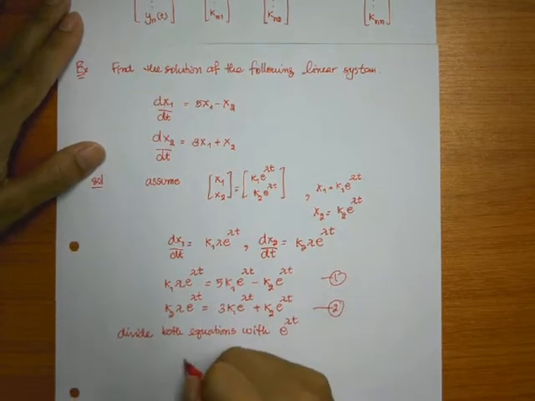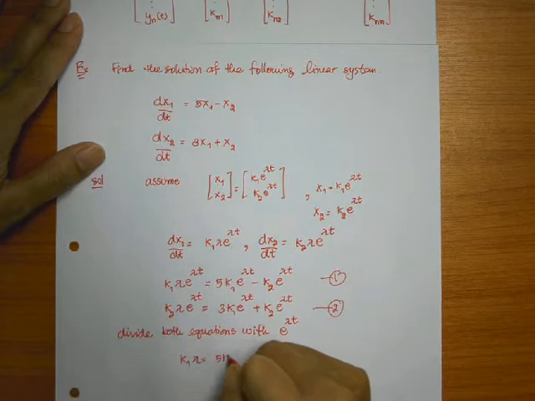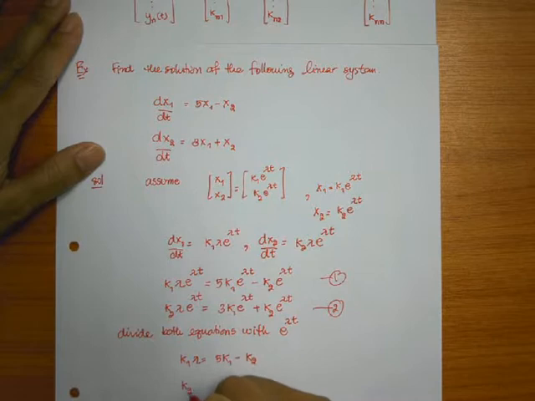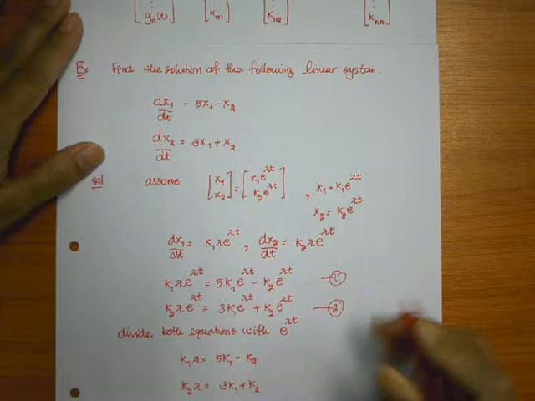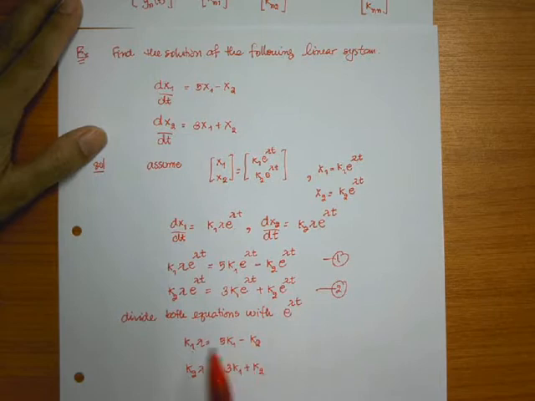Then let's arrange the equations. We are going to move the k1 term to the same side and combine it with the k1 term, and also move the k2 term to the other side and combine it with k2.